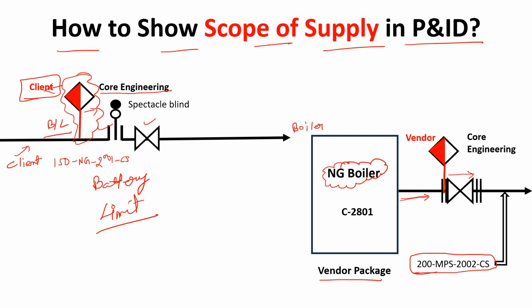And if you see here, this steam boiler and this line are in the vendor scope, and this valve and this line, wherever this line goes, will be in the contractor core engineering scope.